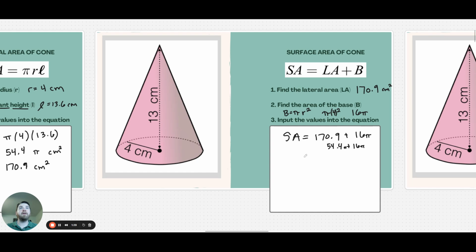And if I add those together, I get that my surface area comes out to be 70.4 pi. And again, that's centimeters squared. So that would be in terms of pi. If I wanted it as a decimal, all I need to do is just plug that into my calculator. And when I plug it into my calculator, I get 221.2 rounded square centimeters. And so that's what I have there. Your surface area should always be bigger than your lateral area.